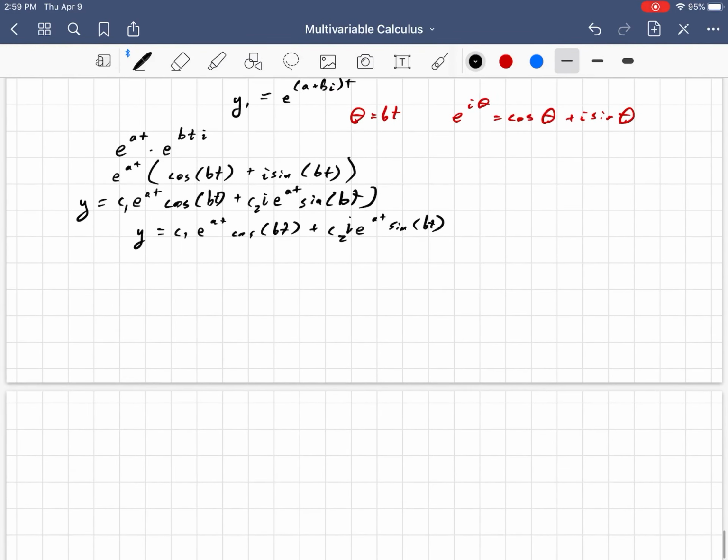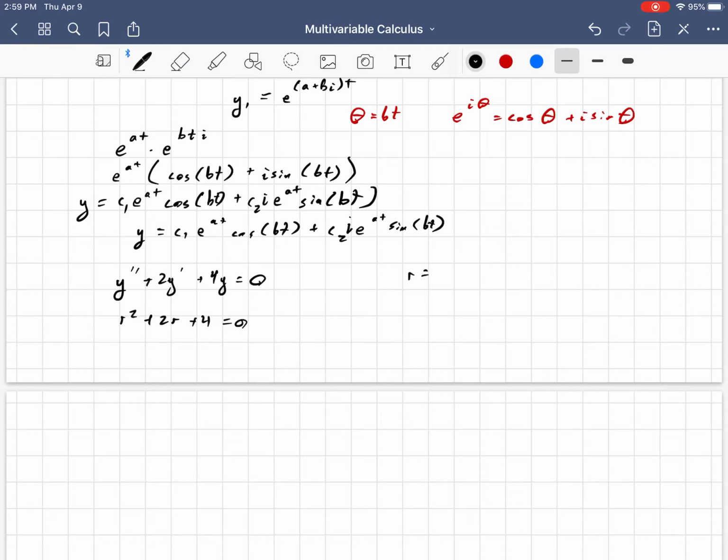But with this general solution in mind, I'm thinking just an example will be needed, and then that will be it for second order differential equations. So maybe y double prime plus 2y prime plus 4y equals 0.